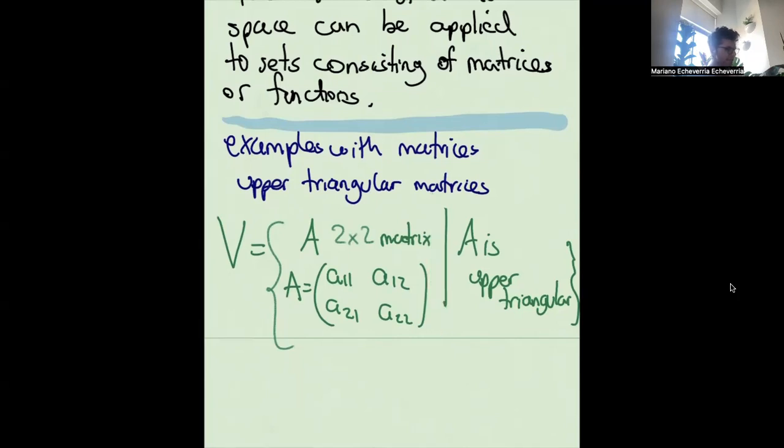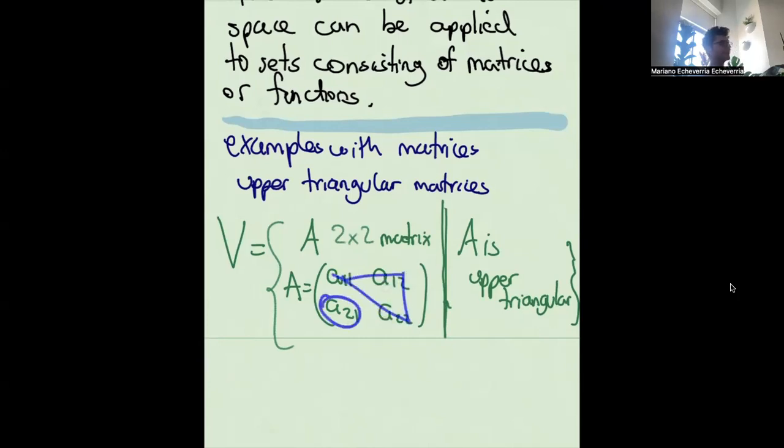I mentioned it briefly when we were talking about the properties of the determinant. Upper triangular was something where all the non-zero entries would be above the diagonal or on the diagonal.